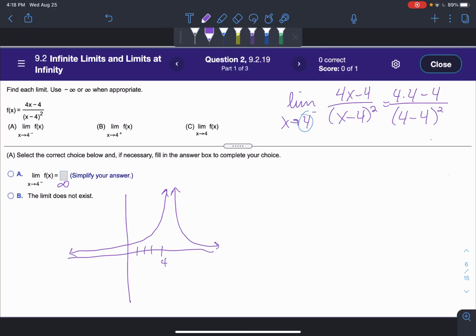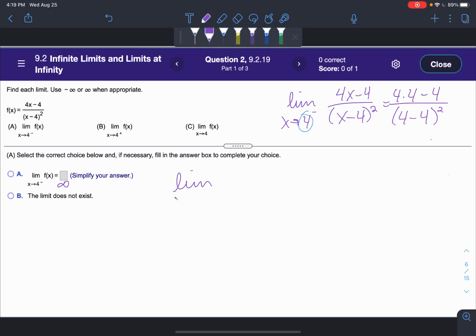All right, so now let's look at what happens to the right. So I want the limit as x goes to 4 from the right of 4x minus 4 over x minus 4 squared. Now again, if I try to plug in 4, we'd still get this divide by 0 problem. So that's not good.